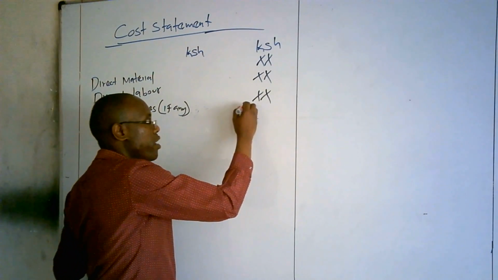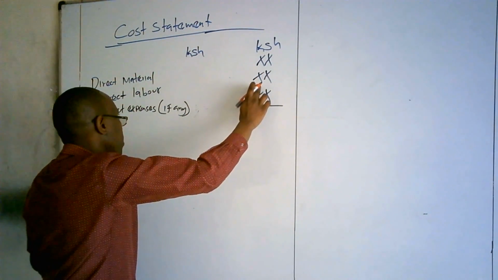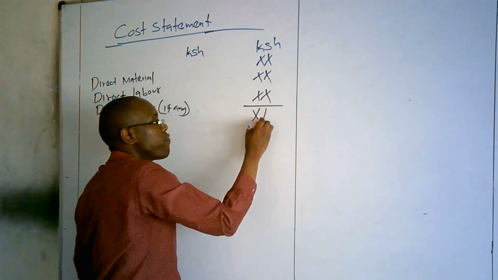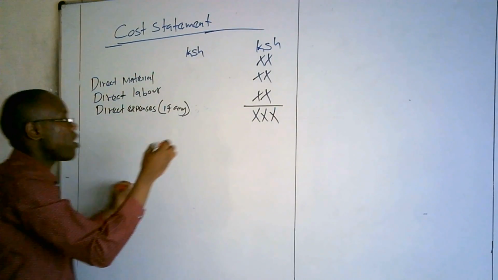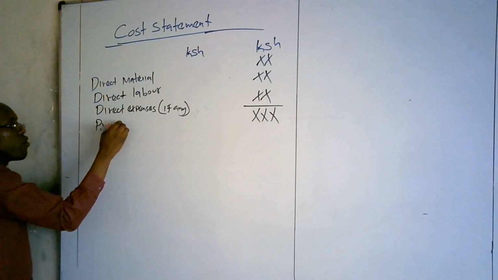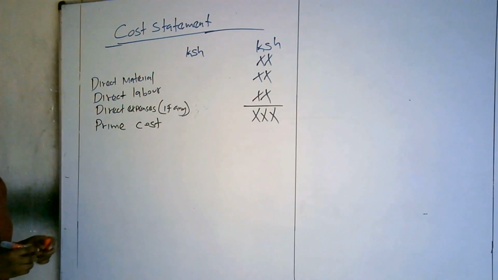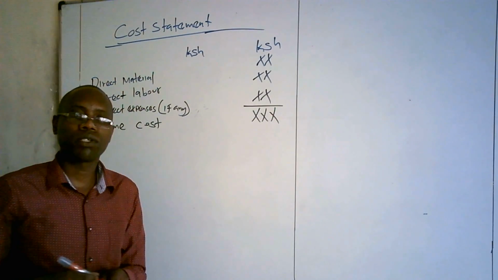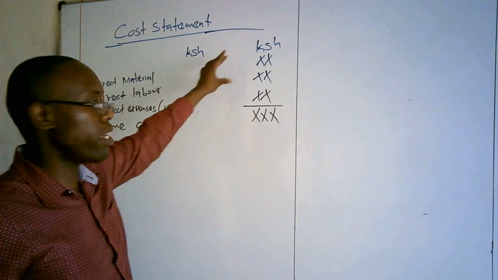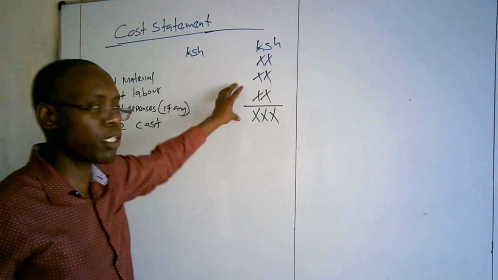So if you take the direct material plus direct labor plus direct expenses, you are going to arrive at what we call the prime cost. The prime cost is the aggregate of direct material, direct labor, and direct expenses.